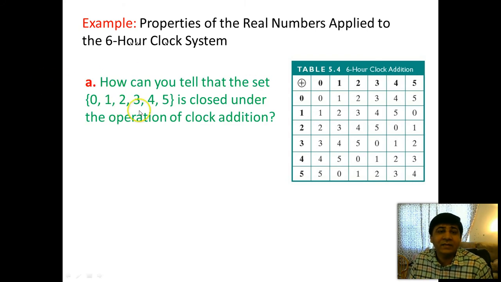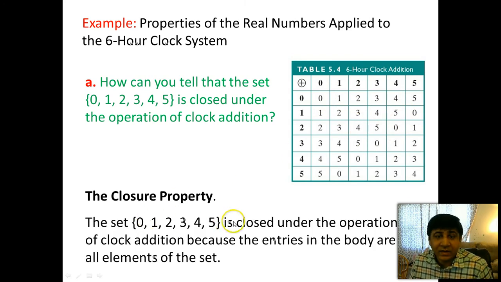How can you tell that the set 0, 1, 2, 3, 4, 5 is closed under the operation of clock addition? It is, because when we build a clock table and add any two of these numbers under clock addition, we still get a number which is on the table. So the given set from 0 to 5 is closed under clock addition, because the entries in the body are the elements of the set.